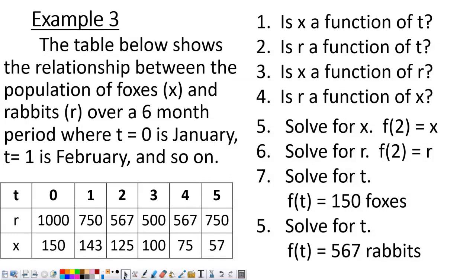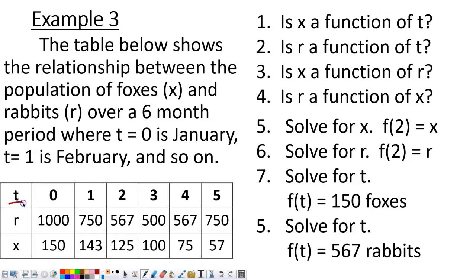The table below shows the relationship between the population of foxes, which we're going to say is x, and rabbits, which we're going to say is r, over a 6-month period, where t equals 0 is January, t equals 1 is February, and so on. Okay, so let's look at our table and make sure we understand this.